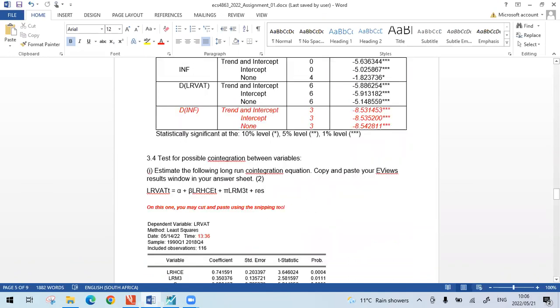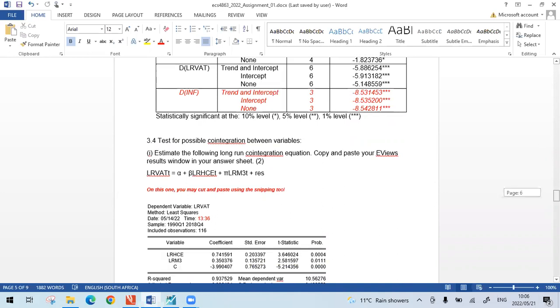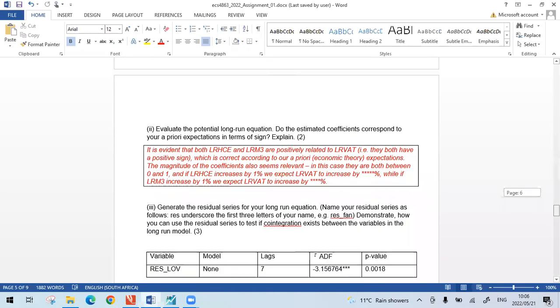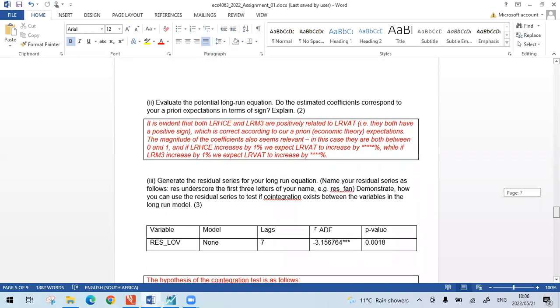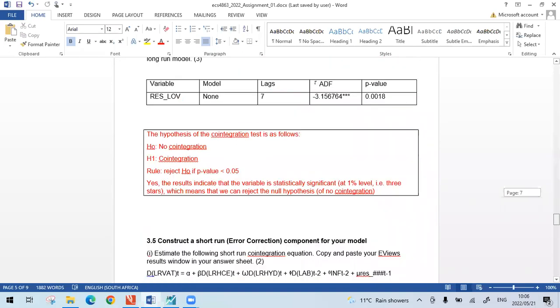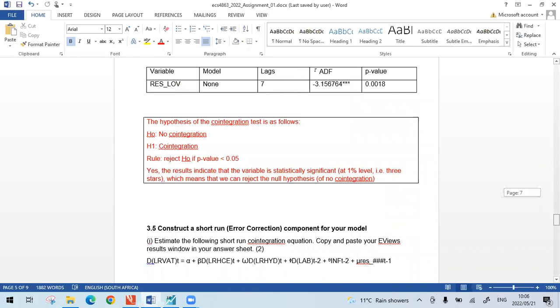We also discussed... yes. I think we are now on error correction model.